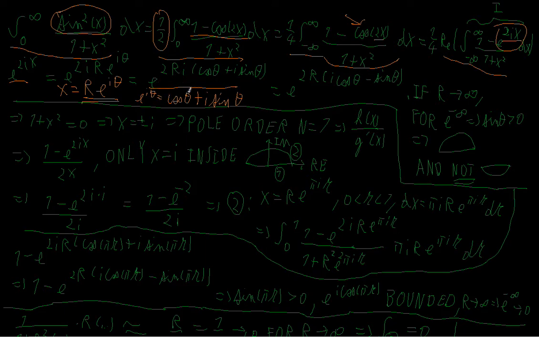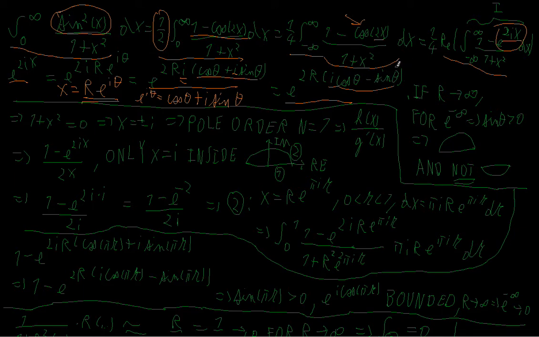So we have e to the 2ri times cosine theta plus i sine theta. Now we can take the i inside and we get e to the 2r times i cosine theta minus sine theta, since we have an i here and an i here, so we have i squared, giving minus sine of theta.